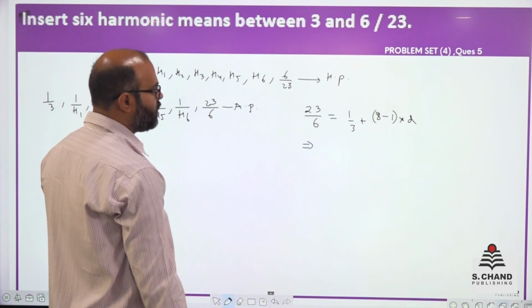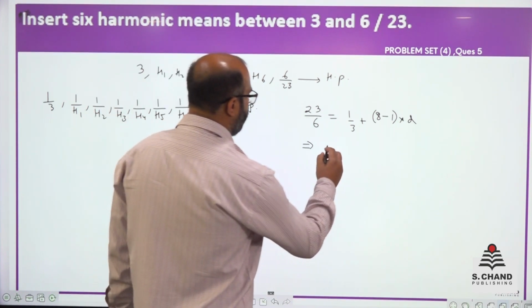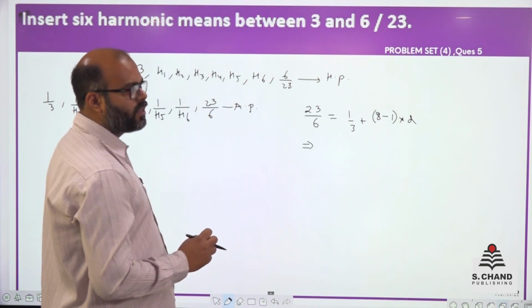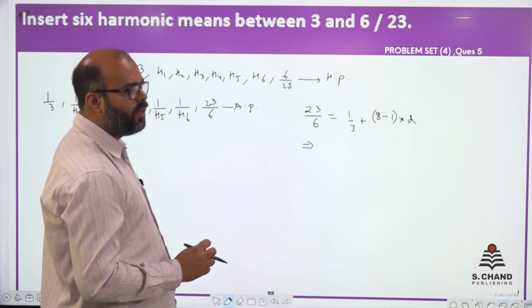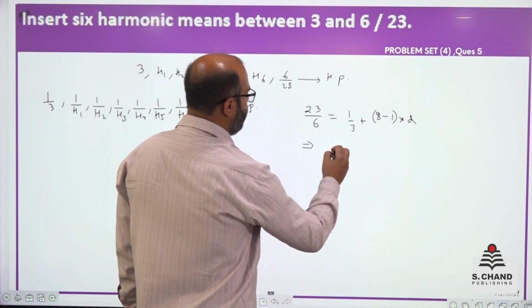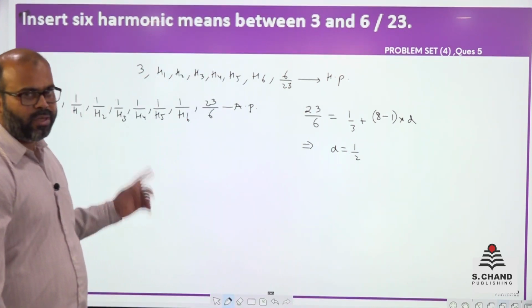So 21 by 6 here, which will become 7 by 2. Right, 23 by 6 minus 1 by 3 will be 21 by 6. That will be 7 by 2. 7 by 2 divided by 7 will be half. So the common difference of this AP is actually half.